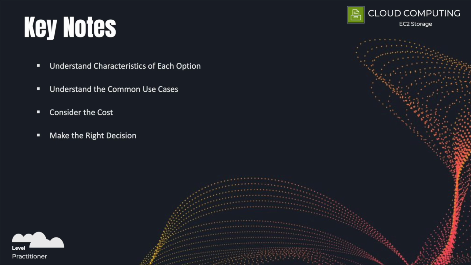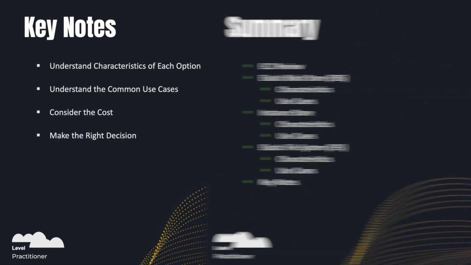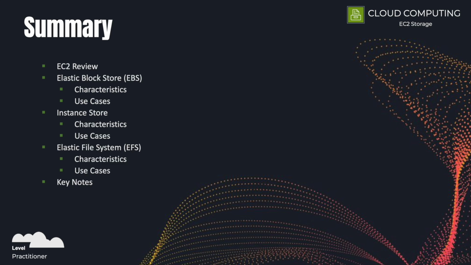Features like persistent storage, snapshots for backup and recovery, and the ability to resize volumes on the fly make EBS the go-to option for everyday applications. But if you need shared storage across multiple instances, EFS of course is the better fit. And if you're working with temporary high-speed data that doesn't need to be saved, then Instance Store is the right option for you.